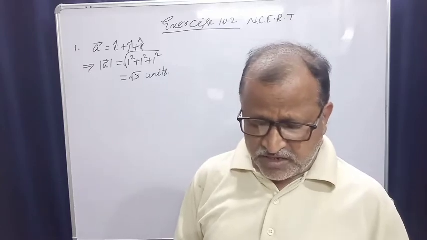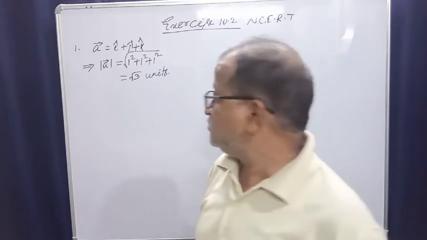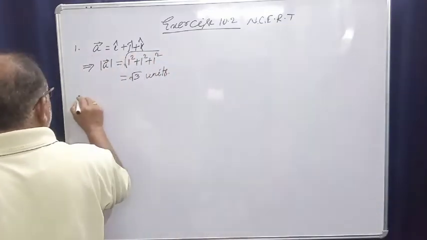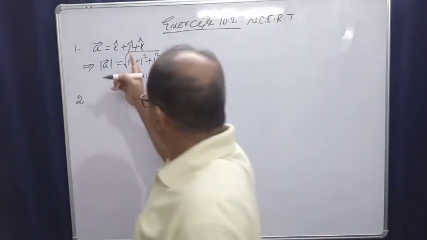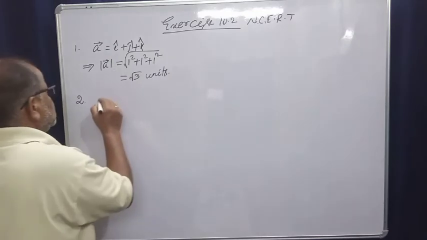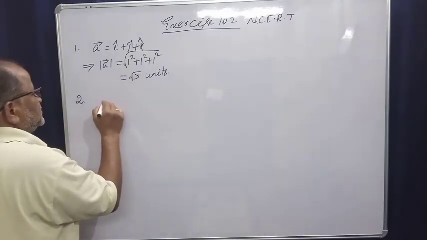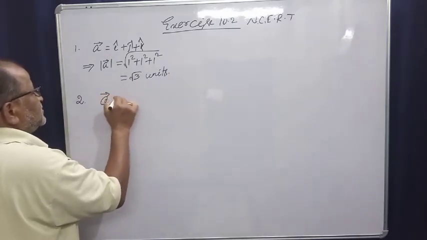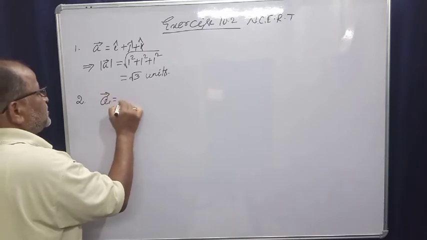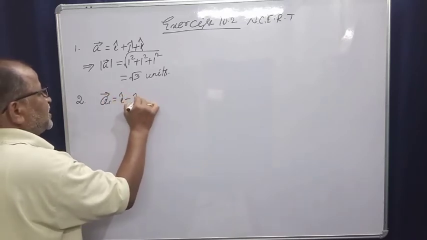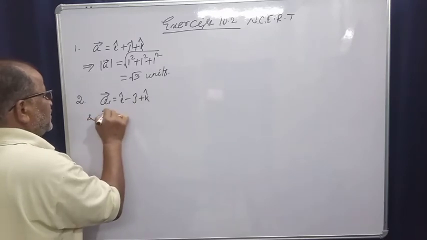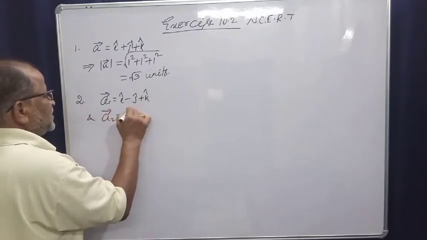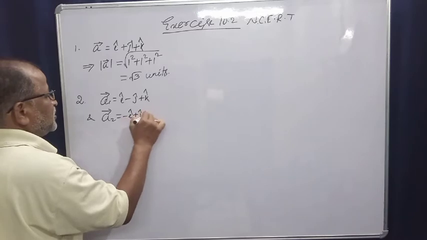Write two different vectors having same magnitude. Suppose I will write say A1, sorry, it is I cap minus j cap plus k cap, and A2 is minus I cap plus j cap plus k cap.